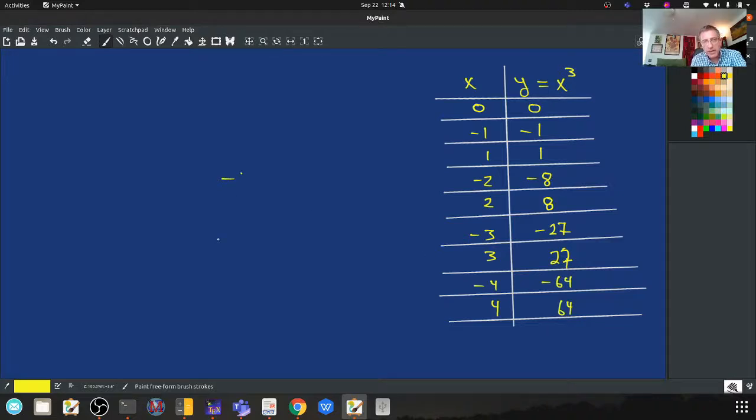So you can think of 4 cubed as the same as 2 squared cubed, which is the same as 2 to the 6, and that's easier because you go 2, 4, 8, 16, 32, 64. There's 1, 2, 3, 4, 5, 6. Anyway, that's just calculation techniques.